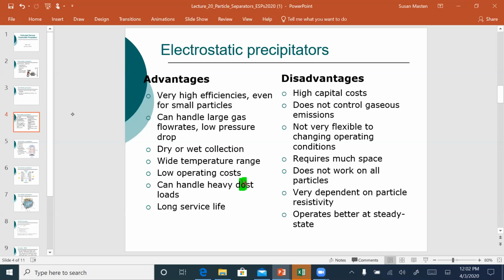And it operates better at steady state. The other challenge is you've got an electrical current, so you have to be very careful. If you have gases that have a low fire or explosion point, so that they're a fire or explosion hazard, you need to be very careful using ESPs with those.